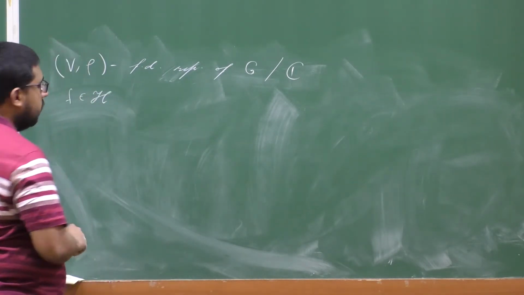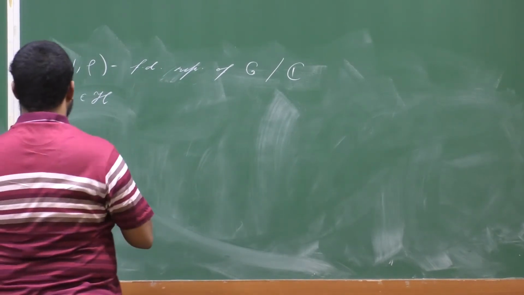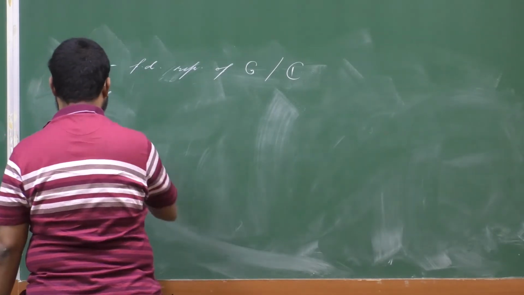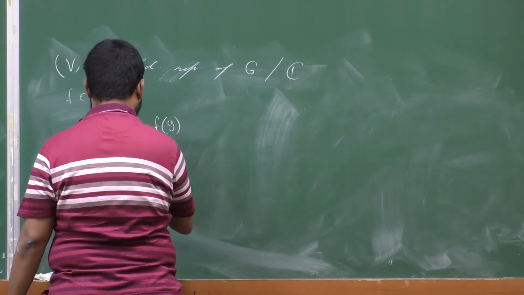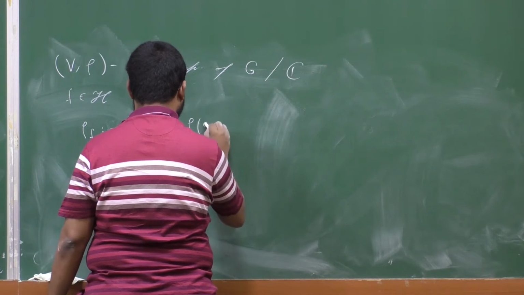So given any representation and a class function, let's construct the following operator, rho_f, the sum over g of f(g) rho(g).